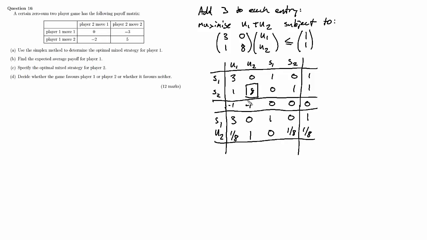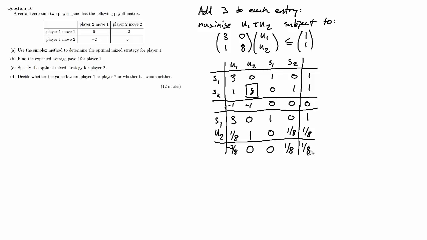And we've got a -1 in this previous row, so we're going to add one copy of the new row 2 to that row. So -1 plus 1 on 8 is -7 on 8. You get a 0 here, 0 plus 0 is 0, and 0 plus 1 on 8 is 1 on 8, 0 plus 1 on 8 is 1 on 8.